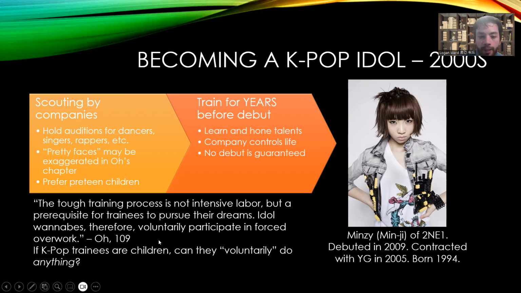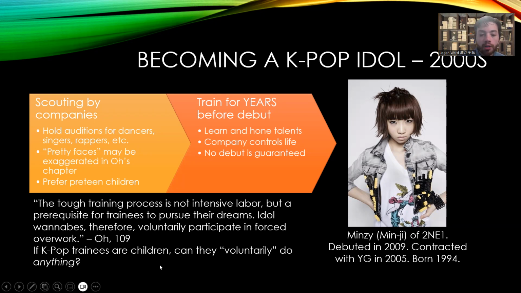So my question to you is, if K-pop trainees are 11 years old, even younger, children, can they voluntarily do anything? In Korea or in the US, it's actually the same in both. No, they cannot. Children cannot do that, right? And a lot of people who were child idols, both in North America right now and in Korea, are coming forward a lot more about their experiences as basically child property of these entertainment industries.